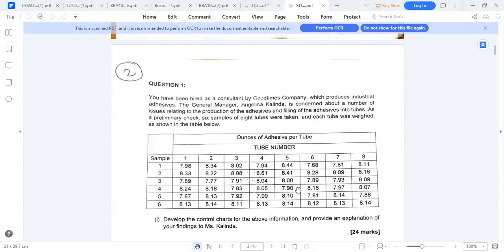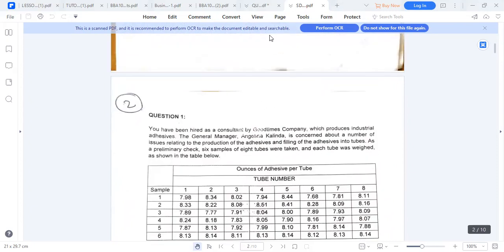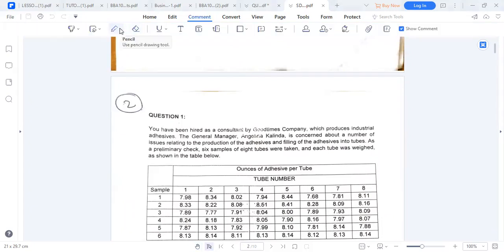As a preliminary check, 6 samples of 8 tubes were taken, and each tube was weighed as shown in the table. Then we need to get down to the question. We had 6 samples there, and the tube number goes up to 8.